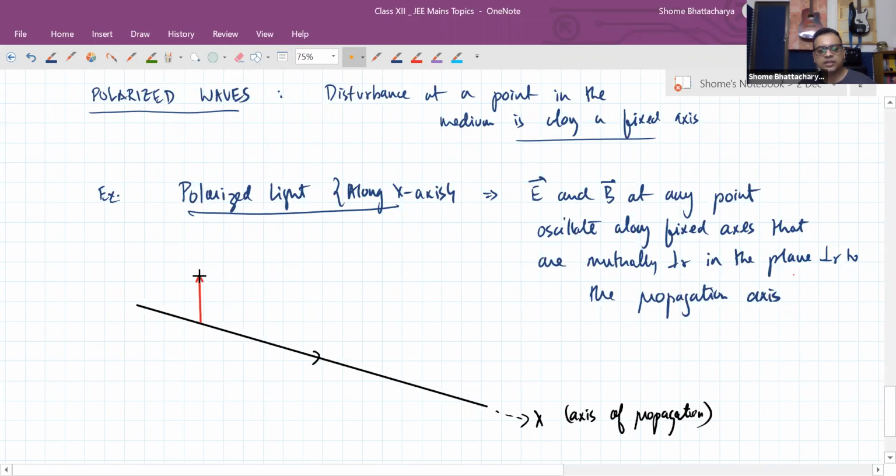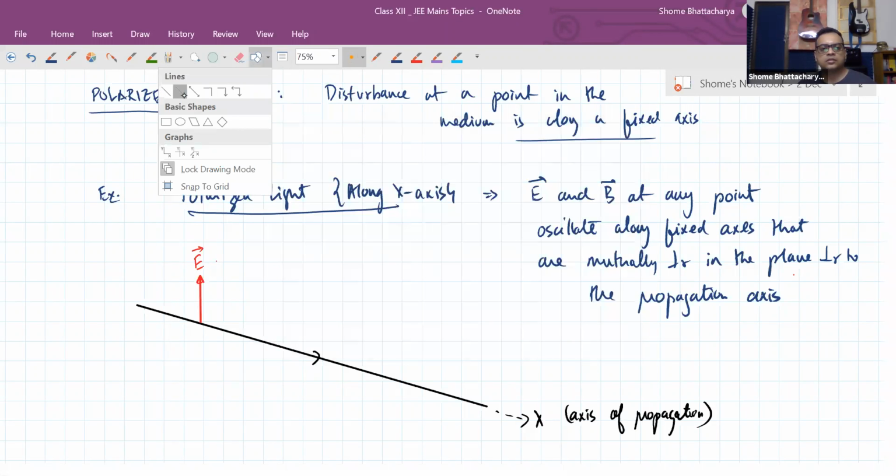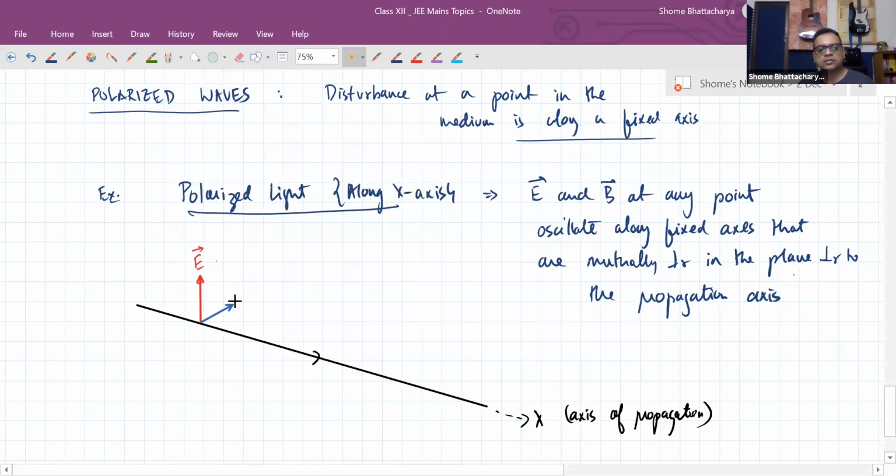So let's say the electric field is oscillating along this axis, and the magnetic field is oscillating along this axis. Okay.